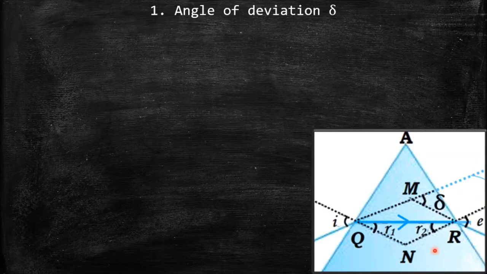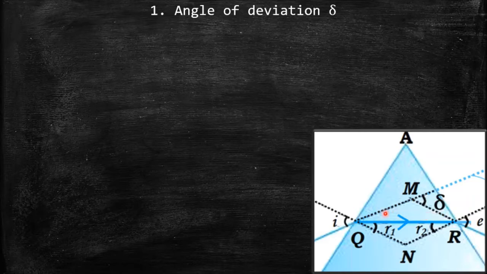All right then. Well, if you look at this delta over here, what do you feel? Don't you think that this delta is apparently an exterior angle to the triangle MQR, right? Do you remember that there is a theorem called the exterior angle theorem, wherein the exterior angle is equal to the sum of two remote interior angles, correct?